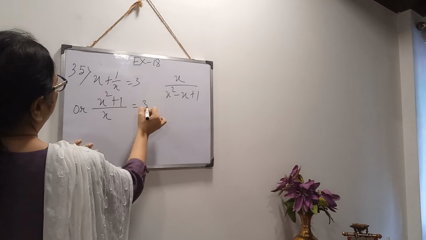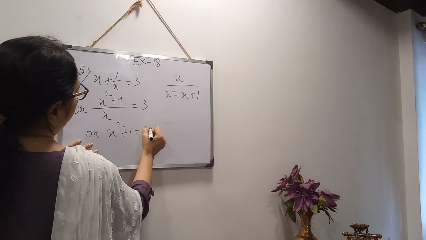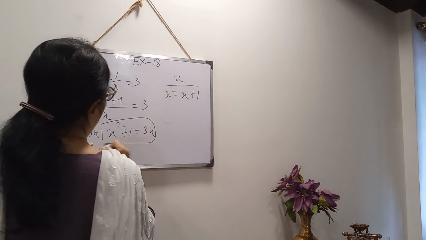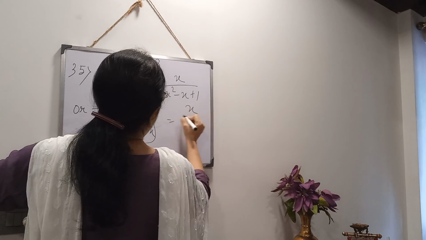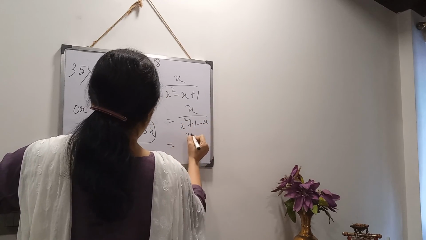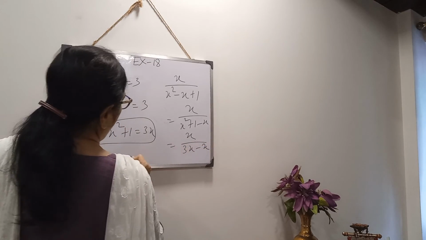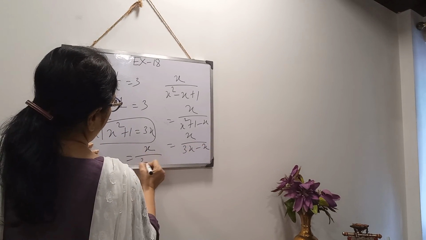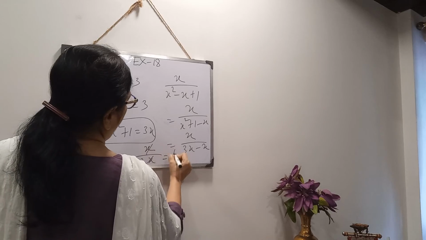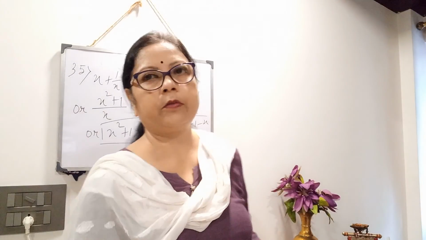Same method, cross multiply, box, then x by x square plus 1 minus x. x square plus 1, 3x minus x, subtraction 2x, x is cancelled out, 1 by 2 is the answer. Clear? These are interesting sums.